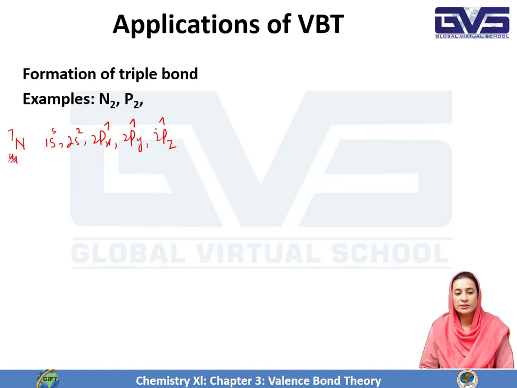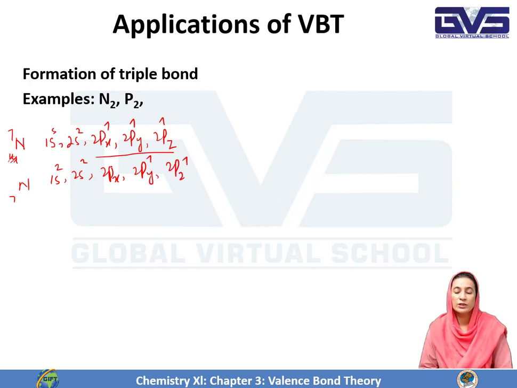So here it is clear that it has three partially filled orbitals. It means nitrogen can form three bonds, a triple bond. The other nitrogen also has the same electronic configuration, 2s2, 2px, 2py and 2pz. All contain one electron, all are partially filled.